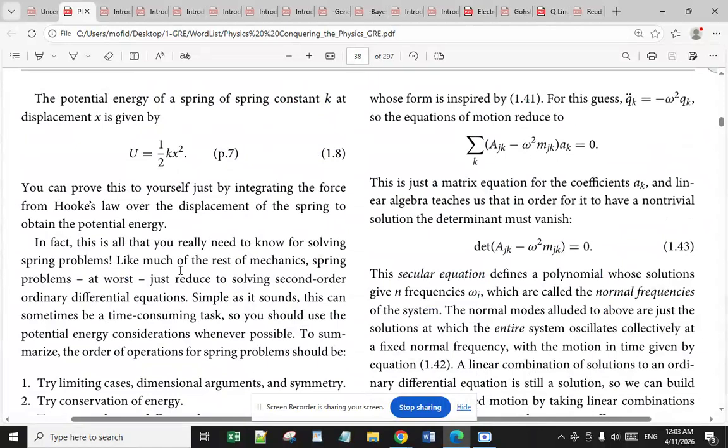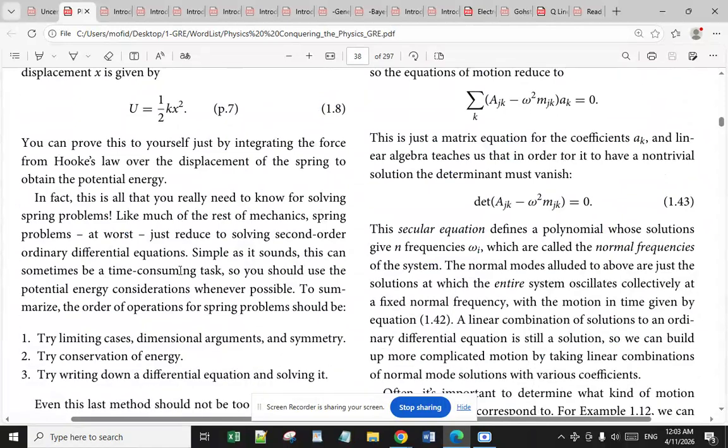Like much of the rest of mechanics, spring problems at worst just reduce to solving second order ordinary differential equations. Simple as it sounds, this can sometimes be a time consuming task, so you should use potential energy considerations whenever possible.